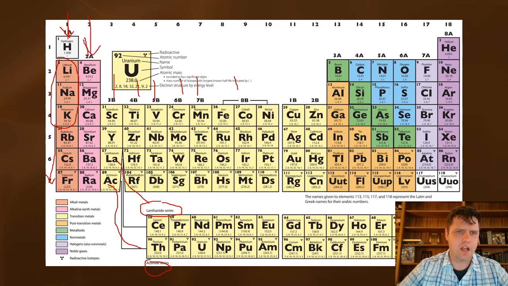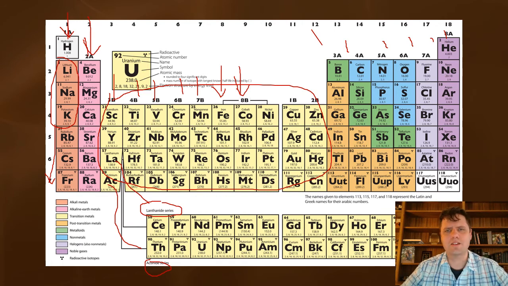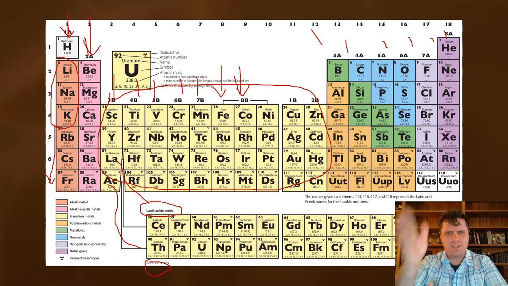Everything landing in the second column are similar. These are called the transition metals. Everything in this yellow block have similarities to one another, but even the things in their respective columns are even more specifically similar to one another. And then you continue all the way to the other side of the table. Each column demonstrates unique properties, but you usually find them to be similar within a column.